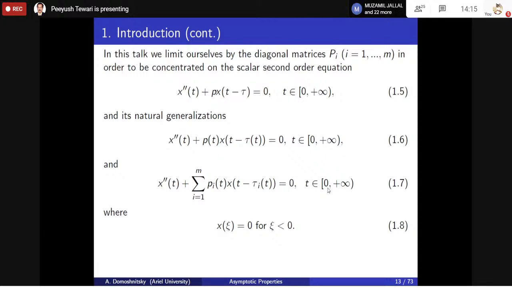Equation 1.5 with constant coefficients p and tau. Equation with variable coefficients and delays p of t, and the equation with many terms with variable delays. Next, please.